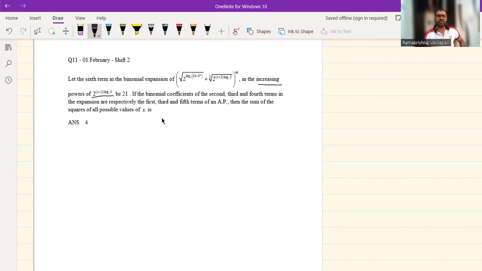If the binomial coefficients of the second, third, and fourth terms in the expansion are respectively the first, third, and fifth terms of an AP, then the sum of the squares of all the possible values of x is.